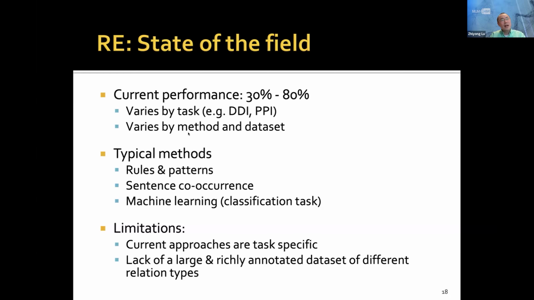So looking at that gap, three postdocs, researchers in my group, finally decided that if we're going to include relations in PubTator, we have to develop a data set to train such a machine learning model.